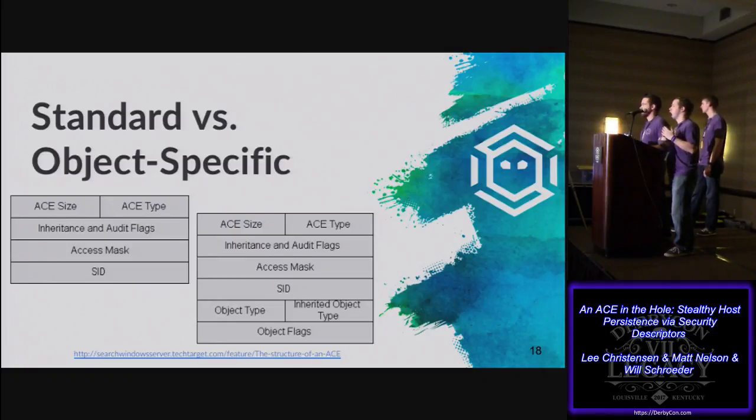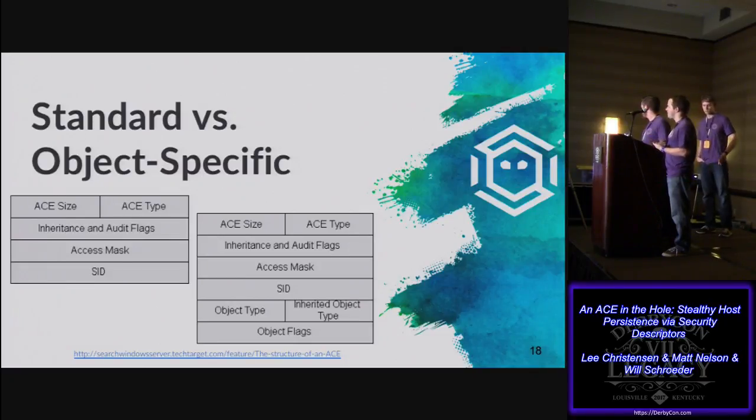So when we're talking about these different rights, I mentioned before that each object has different rights. You may think of a file, you may have read access, or you may have write access to the object. Well, there's different types of objects that don't necessarily have those same rights. So when we're talking about standard rights, those are specific rights that apply to all objects, regardless of their type.